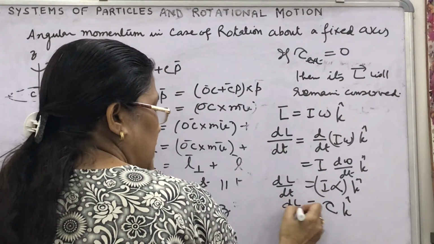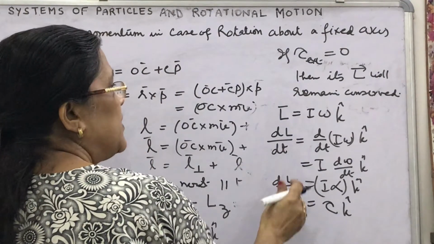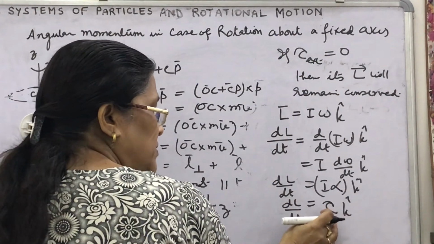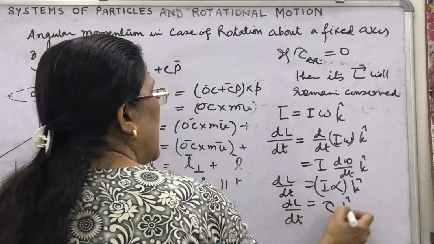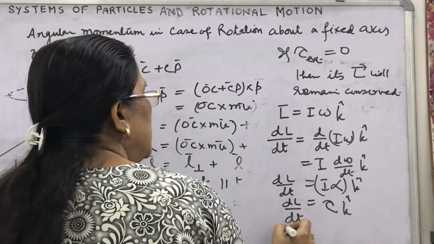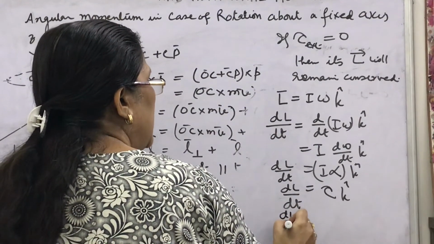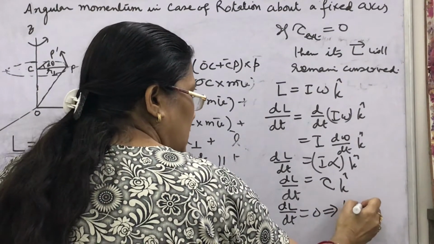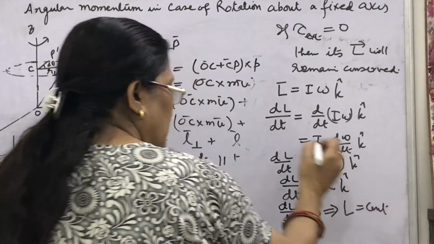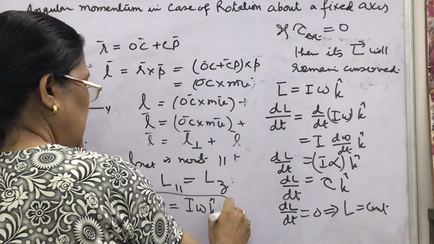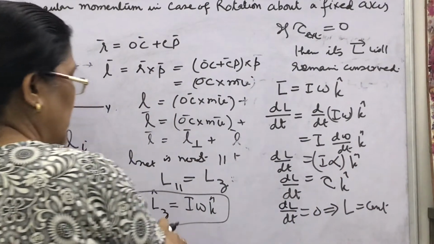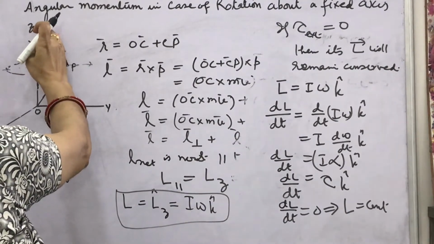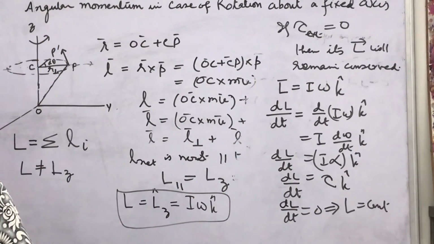Conservation of angular momentum says that if the external torque on the system is 0, then dL by dt will be 0, and it means L will be constant. And what is L? It is angular momentum about the rotational axis, the z axis.